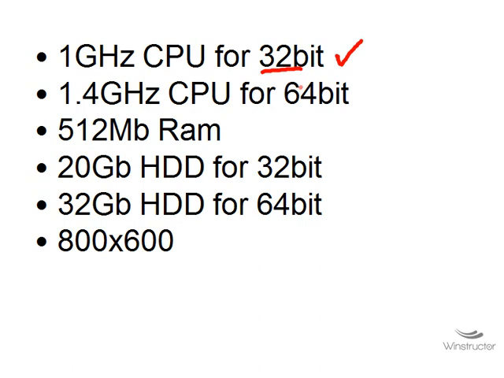If you're installing the 64-bit edition, you're going to need at least a 1.4 gigahertz CPU according to Microsoft. You're also going to need at least 512 megabytes of RAM, at least 20 gigs of hard disk space free for a 32-bit installation, and 32 gigs for a 64-bit installation, and a video card and monitor that's capable of running 800 by 600 resolution, and finally things like a keyboard and a mouse.